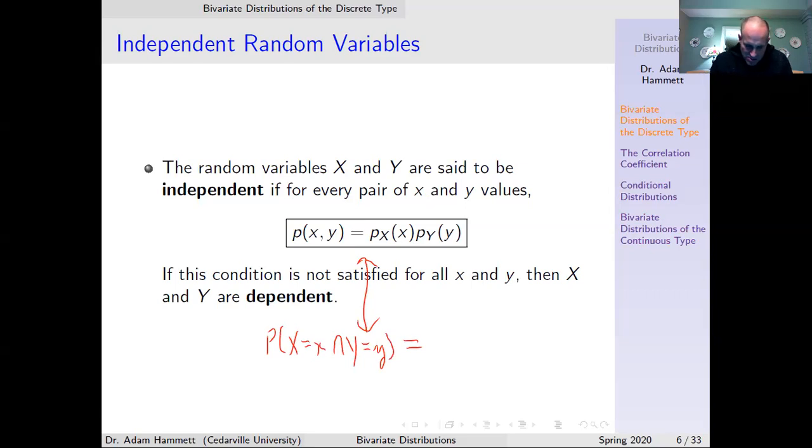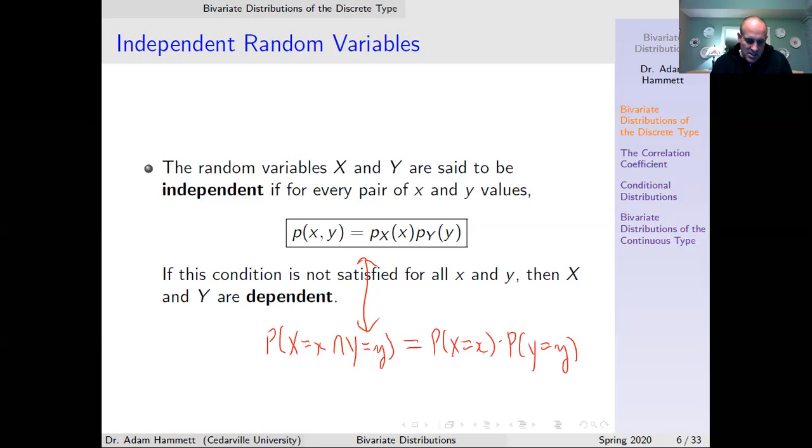The first thing is just the probability that x is little x, and the second thing is the probability that y is equal to little y. So it's not surprising that this looks like the probability of A and B is equal to the probability of A times the probability of B, which is exactly what we've come to know as independence. That's one of the ways that we can phrase independence, if you will recall.